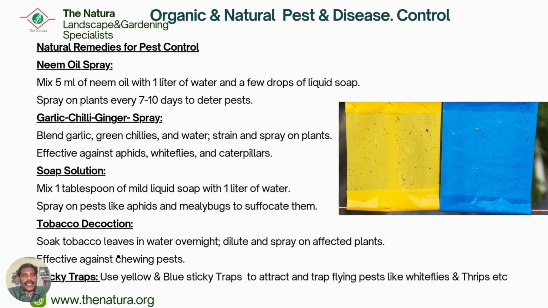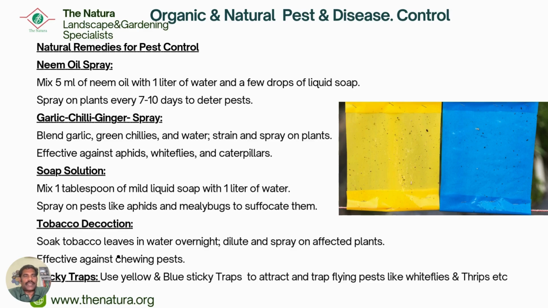Next day you strain it, squeeze it, and take that solution and apply 3 to 5 ml per liter of water. You can apply it on all the plants. It is very effective against aphids, whiteflies, and caterpillars, and sometimes thrips also. For the soap solution, second, see, these three methods you can do once in 10 days.